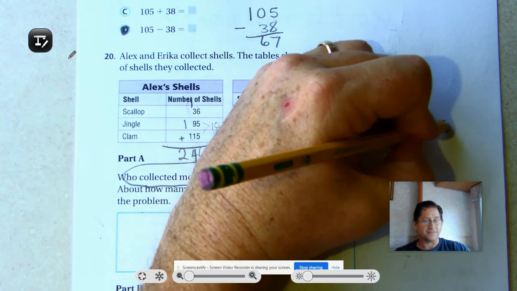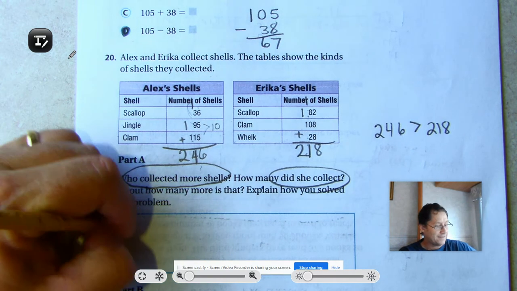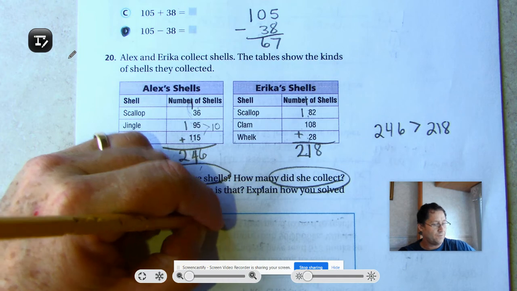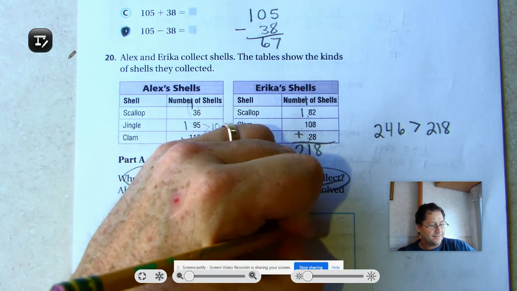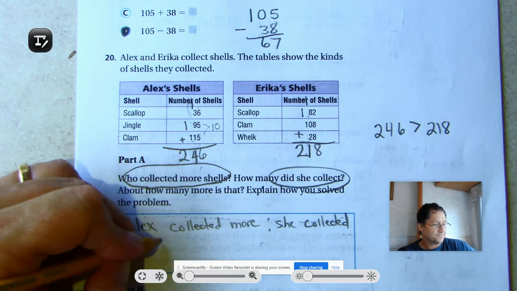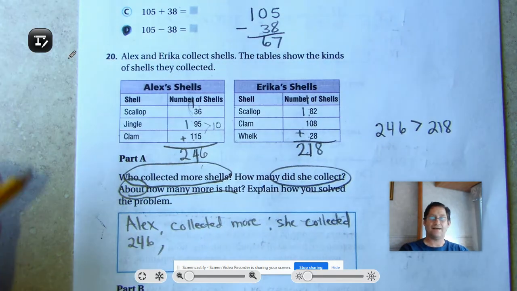246 is greater than 218. So Alex collected more. She collected 246. And about how many more is that?